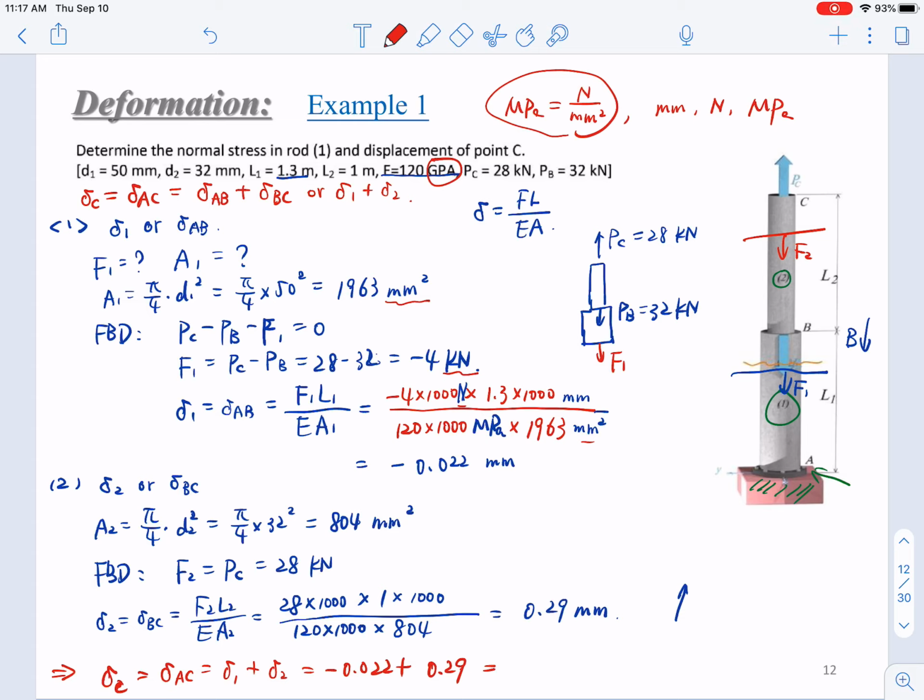You get positive 0.268 millimeter. Is this upward or downward displacement? Sure, this will be upward, right? So when you add this PC and PB, point C will move upward by 0.268 millimeter.